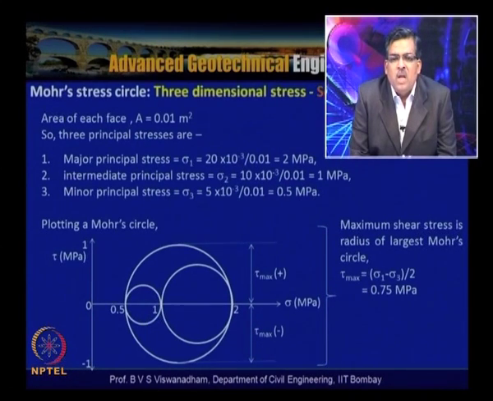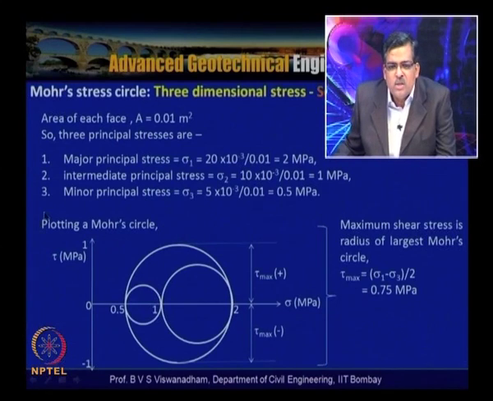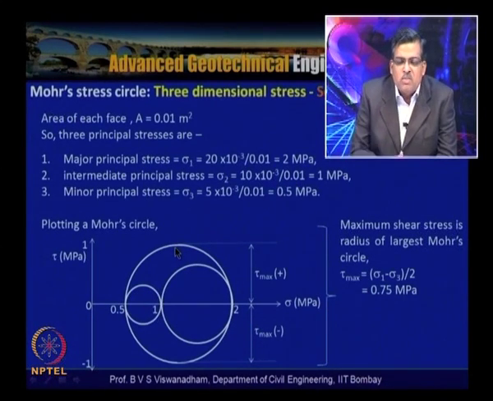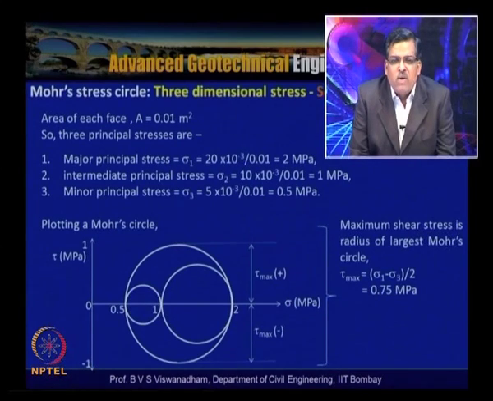If you look into this, the maximum shear stress given by this circle is 0.25 megapascals, and this one is 0.5 megapascals. However, if you look into this circle, which has 0.75 megapascals as the radius, the maximum shear stress the element is subjected to is about 0.75 megapascals.